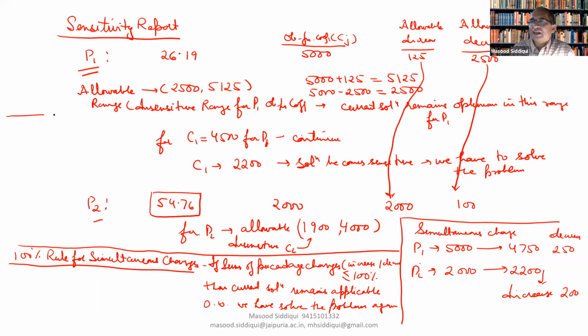So here we would try to calculate the percentage changes. For product 1, there is a decrease, and this decrease is of 250. The rule is the sum of percentage changes with respect to the allowable change.